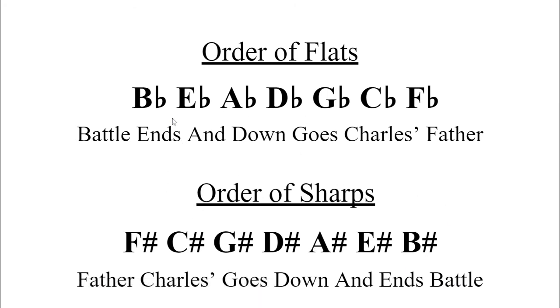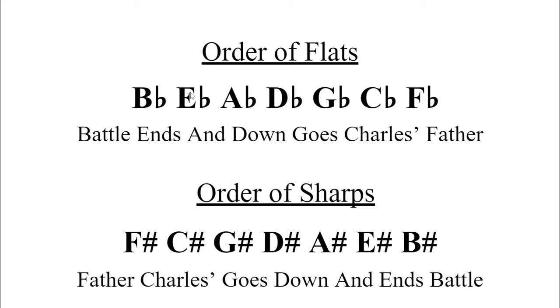Memorize that because that will be the basis of figuring out what order each key signature is in for the flats and the sharps. So if you have flats in your key signature, you're always going to start with B. The first flat will always be B flat, and then you will go this way. Okay, so if we have 2 flats, it's B flat and E flat.